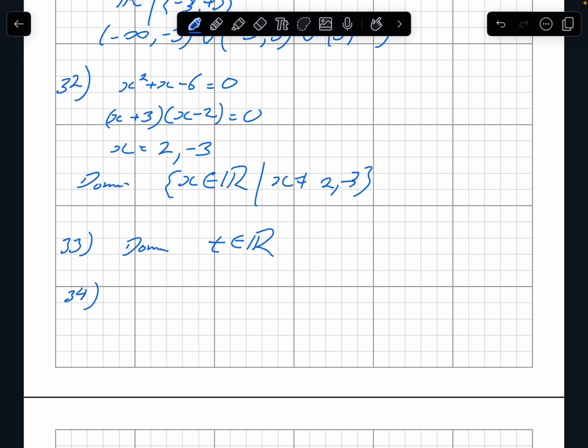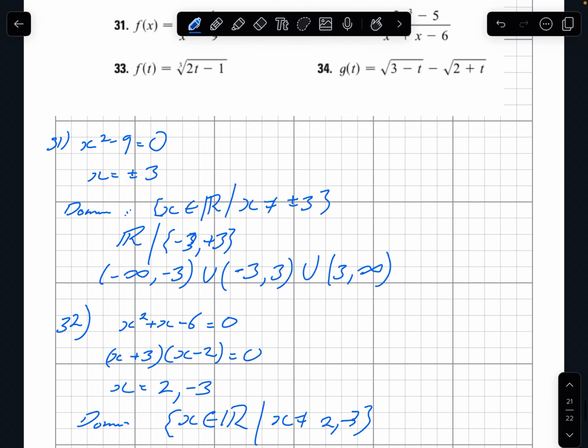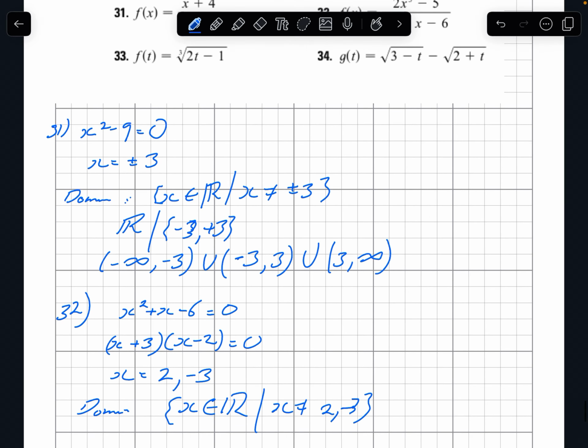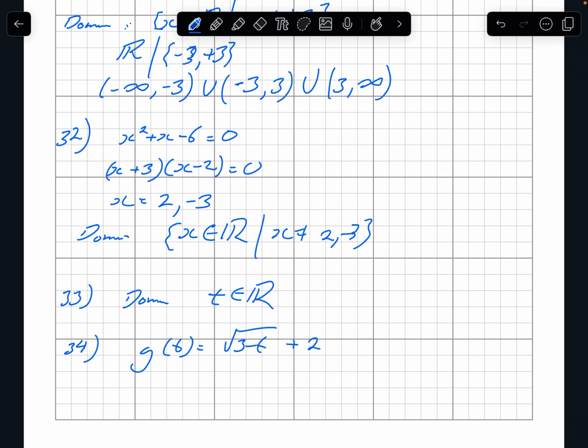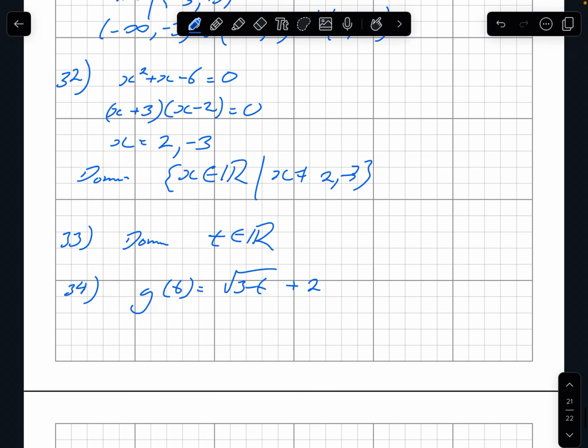34, on the other hand, let's copy that down. g of t equals the square root of 3 minus t, plus the square root of 2 plus t. Right, square roots for real values give us an issue when you try and take the square root of a negative. Right?